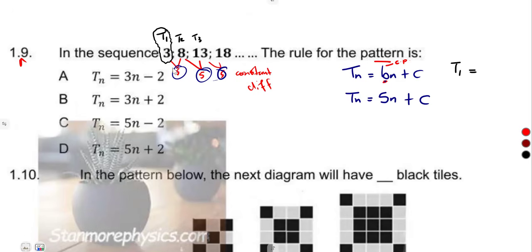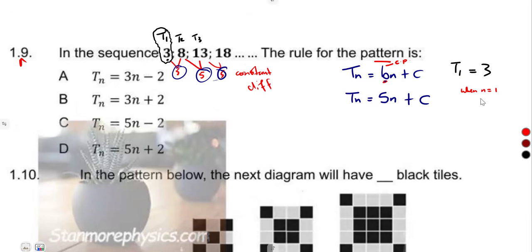T1 is equal to what? The first term is equal to 3. What does it mean? In Tn, n is represented by 1. So it simply means when n is equal to 1. In place of n, you are going to substitute 1.